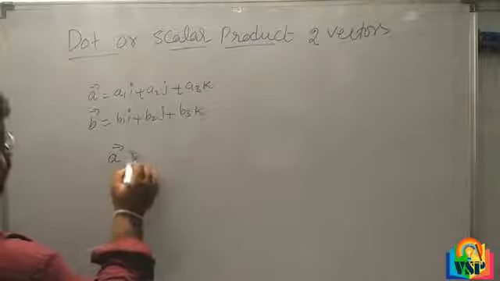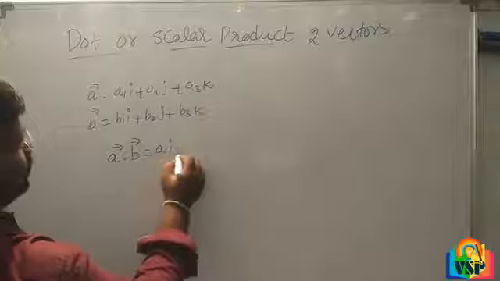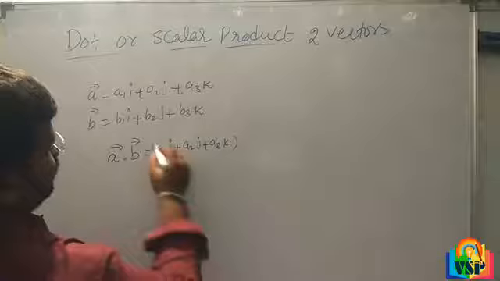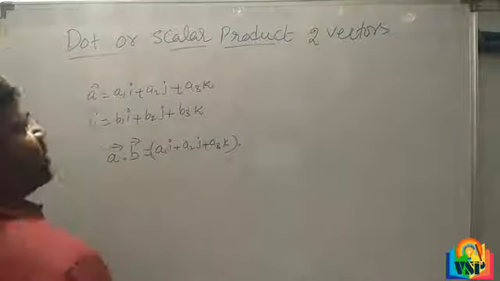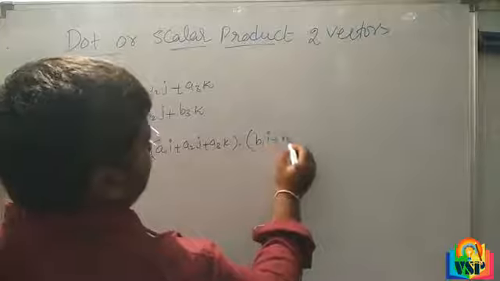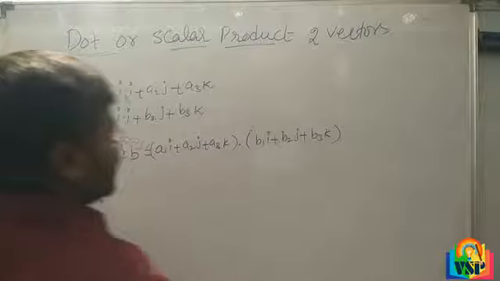A bar dot B bar is equal to (A1 i plus A2 j plus A3 k) dot (B1 i plus B2 j plus B3 k). Understand?